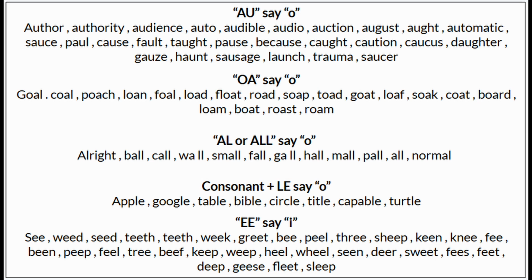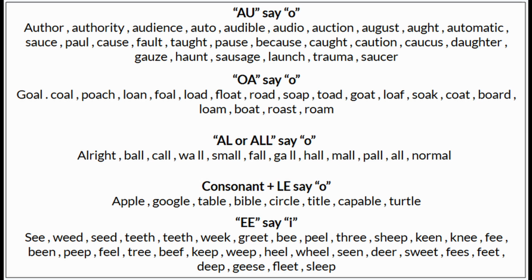Because this LE follows a consonant, we say apple. Google. Table. Bible. Title, capable. Tattoo, because after this T we have LE, that's why we read O.